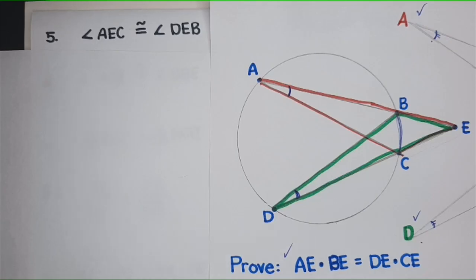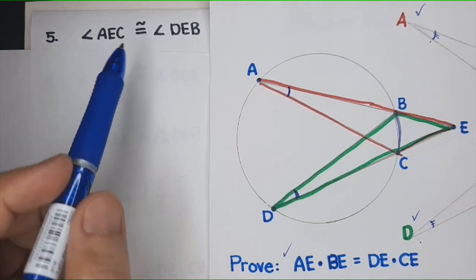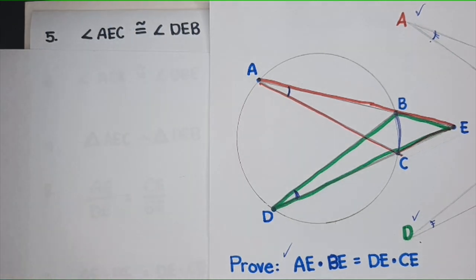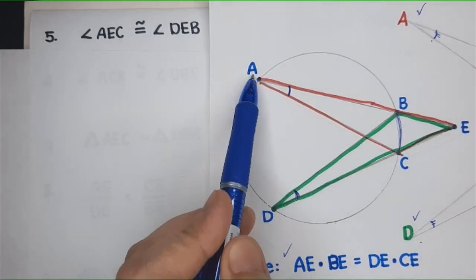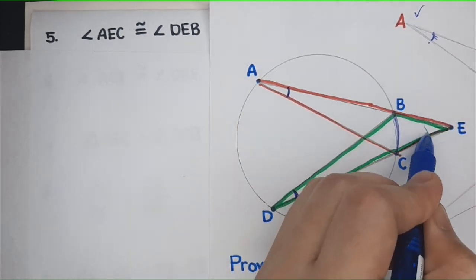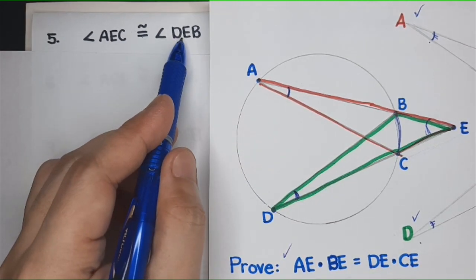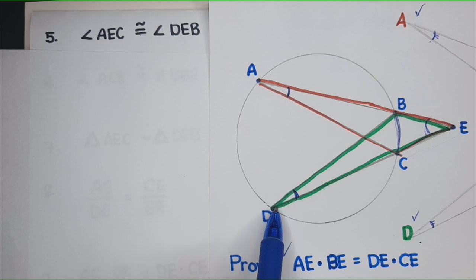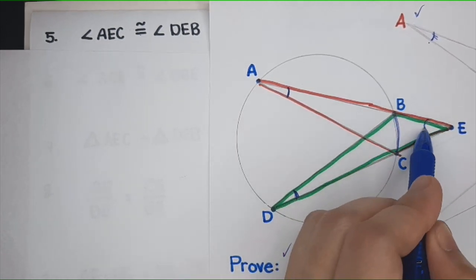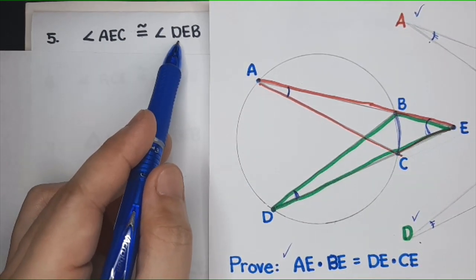So, the fifth statement is angle AEC is congruent to angle DEB. Where is that? AEC. So, this angle, okay, it's congruent daw to angle DEB. So, DEB. What do you notice? Parehong angle lang ito. Yes, that's true.